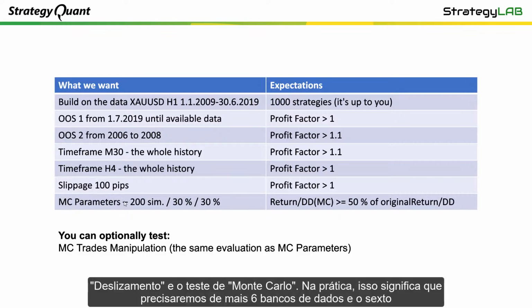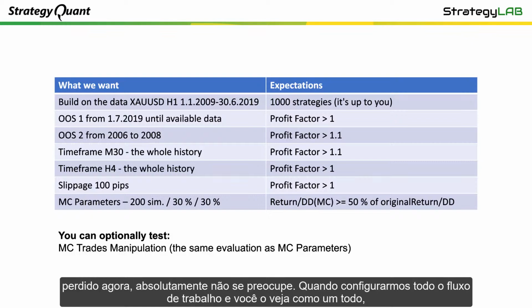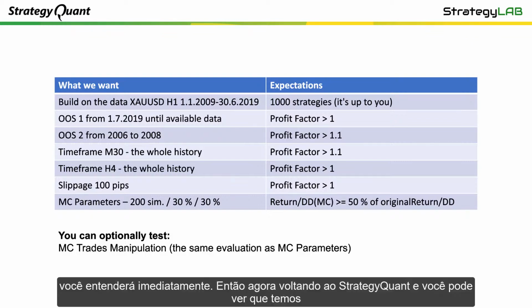In practice, this means that we will need 6 more data banks, and the 6th one will also contain the resulting strategies that passed all the tests. If you feel a bit lost now, absolutely don't worry. When we set up the whole workflow and you will see it as one whole, you will immediately understand that.